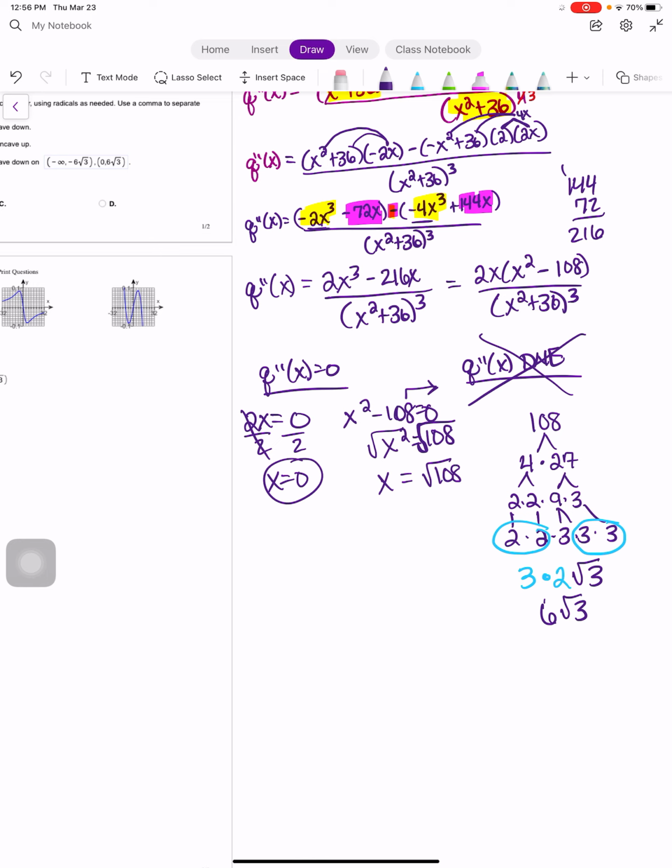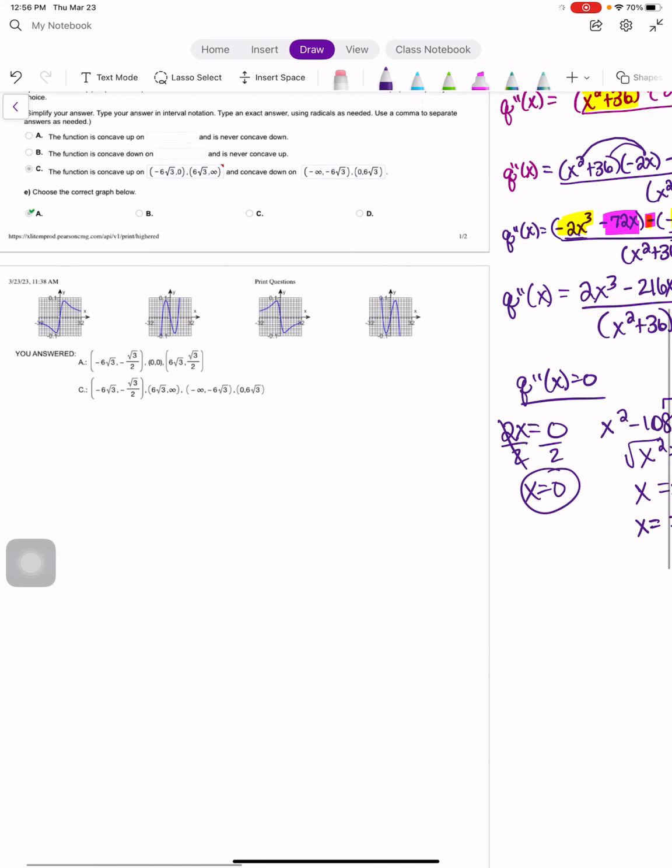So better yet, I just realized I did not put my positive and negative there. Remember, when you take the square root, we have positive and negative. So when I simplify this, what I really end up with is positive and negative 6 square roots of 3. So these are 3 inflection points that we are going to have with this function. This is where they occur.